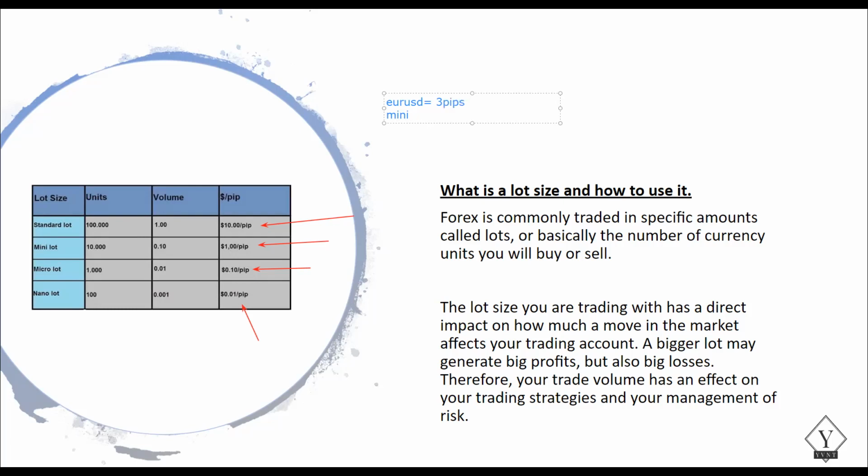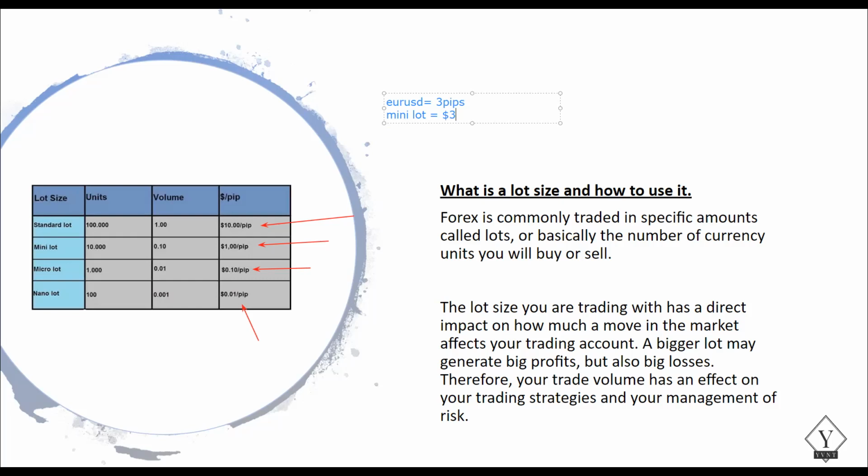So that means if we use a mini lot, it's either you made $3 or you lost $3, right? Why am I saying that it's either you made or lost $3, right?